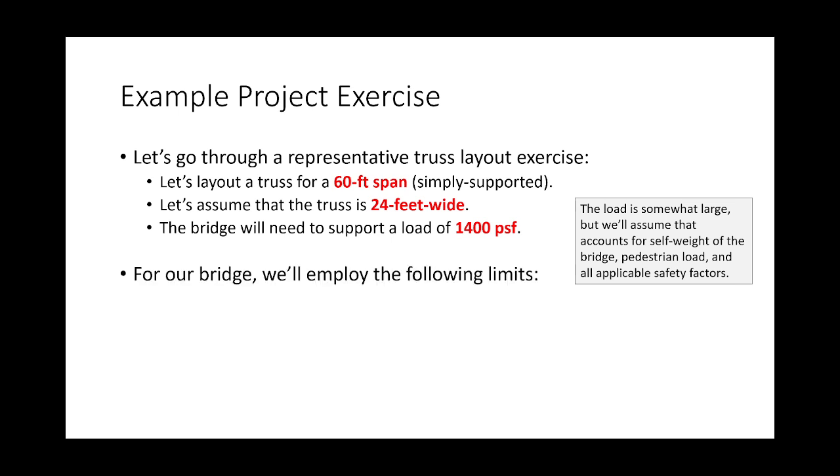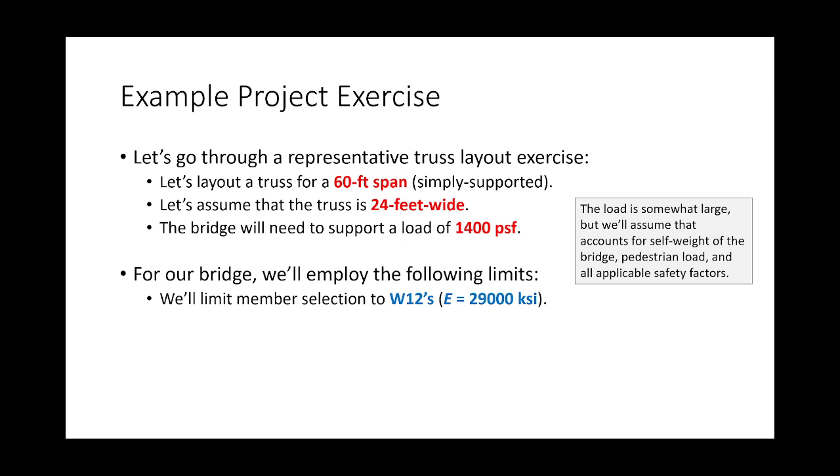For our bridge, we're going to employ the following limits. We're going to limit the member selection to W12s. So let's just talk practically. If you were designing a truss, why would you limit your design to W12s? Like, why wouldn't you want W12s and then W18s?